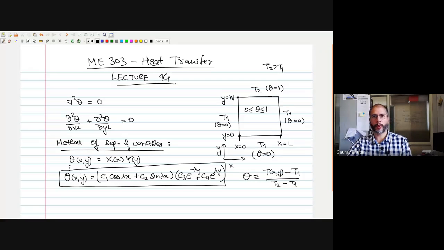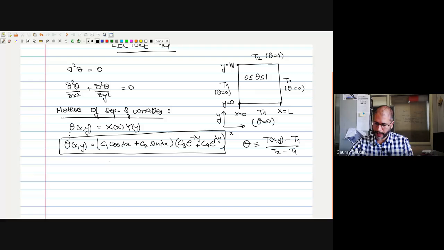What we have to do now is find the 4 constants. For finding the constants, as you know, we have to use the boundary conditions. Let's use our first boundary condition, which is theta at x equal to 0 and any y.